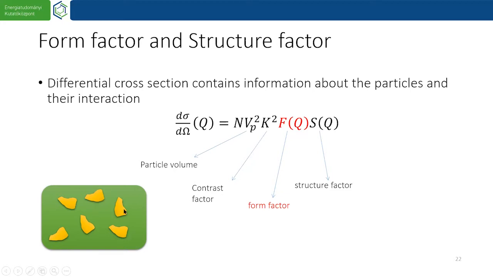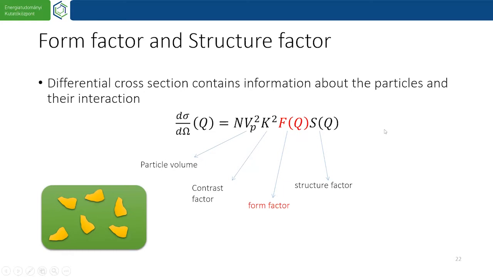Usually we deal with particles which are more regular in shape. They can be spheres, they can be ellipsoids or rods or flexible cylinders. But for such random shaped particles, there is no mathematical expression for this parameter. So the good thing in this equation is that the form factor, so this part, can be described by some formula, and also this part, the structure factor, can be described by some formula.